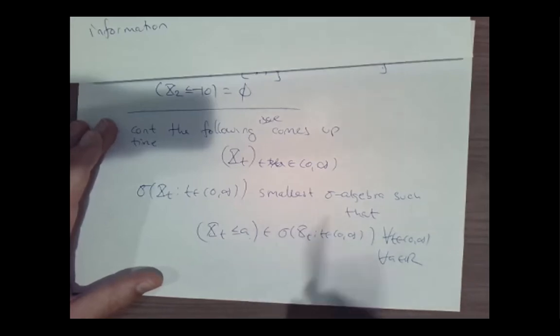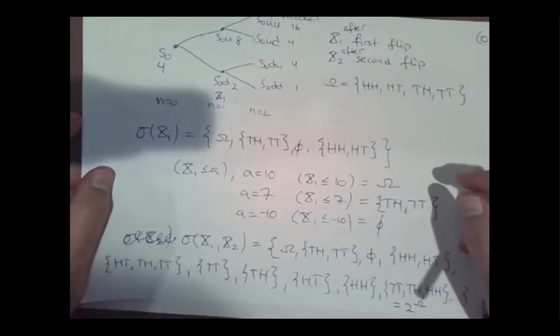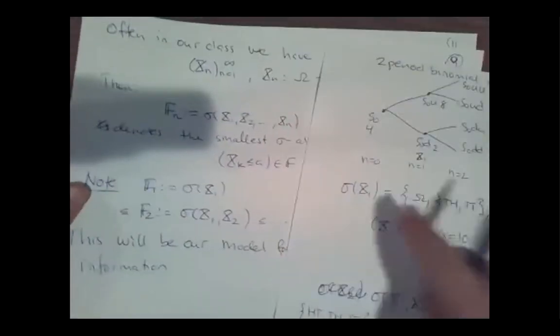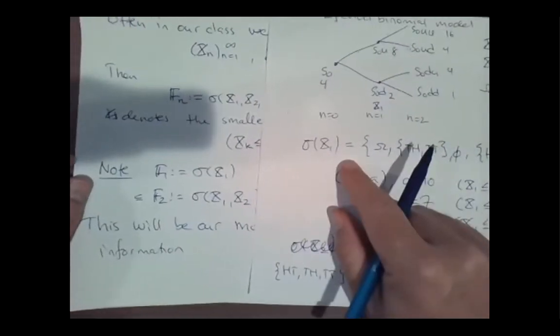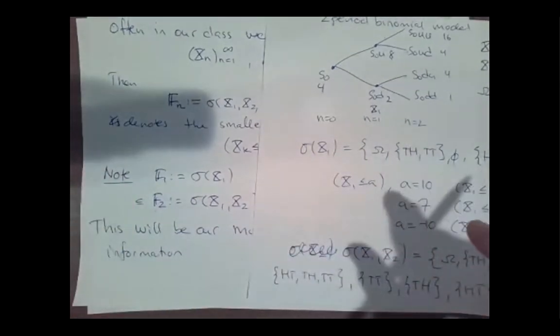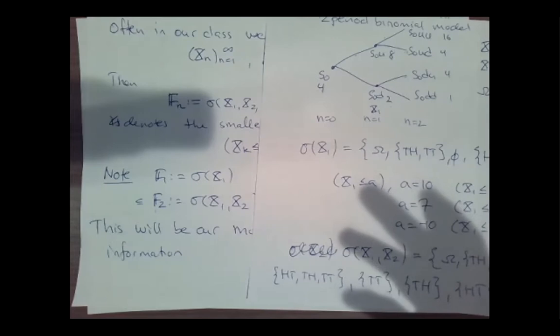Yes, but it's been made so in a sigma algebra, and you have to have a smallness property too. It is not just any sigma algebra. If I'm only requiring measurability, then why does sigma x1 look the way that it does? Why isn't sigma x1 the same thing as sigma x1 comma sigma x2? Because both these sigma algebras have the property that x1 is measurable with respect to them.